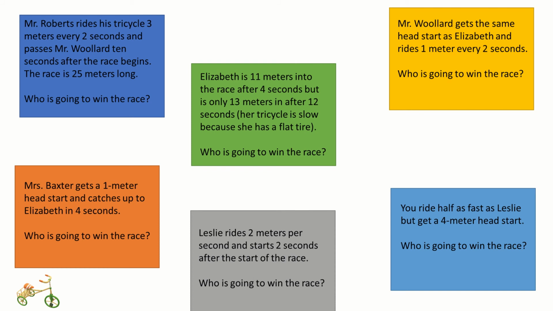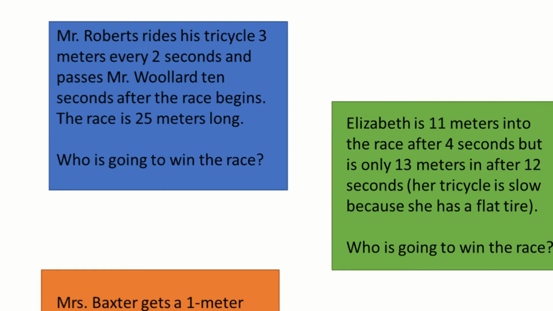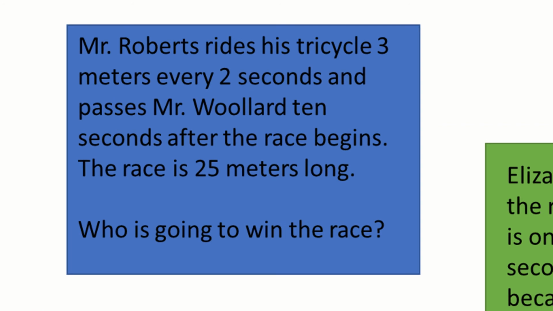Mr. Roberts rides his tricycle 3 meters every 2 seconds and passes Mr. Woolard 10 seconds after the race begins. The race is 25 meters long, so there's some important information there. I really can't start with that because I don't know where Mr. Woolard is 10 seconds after the race begins. Once I know that, I can come back to that, but I don't think there's enough information for me to deal with Mr. Roberts. So let's go look at Mr. Woolard.